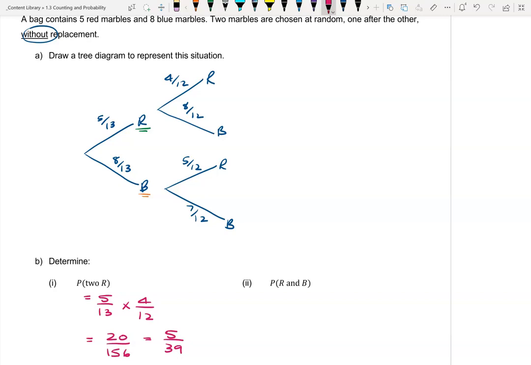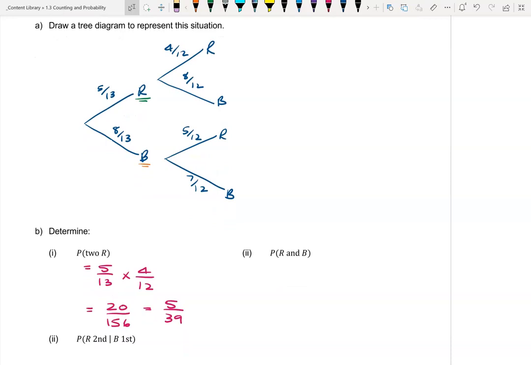In our second example, we've got the probability of a red marble and a blue marble. In this case, we need to consider that we could get a red followed by a blue, or a blue followed by a red. So we've got 2 possible probabilities here that we need to consider.